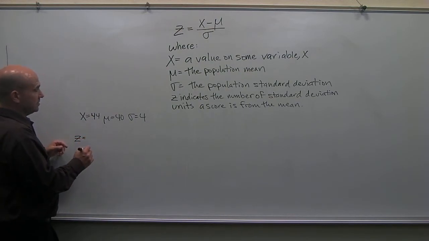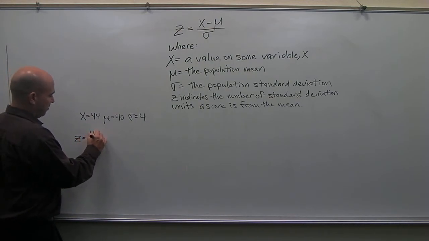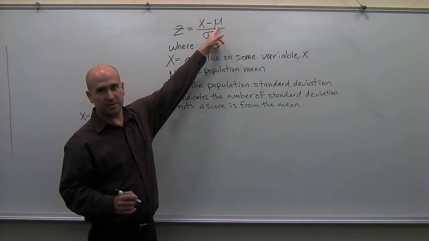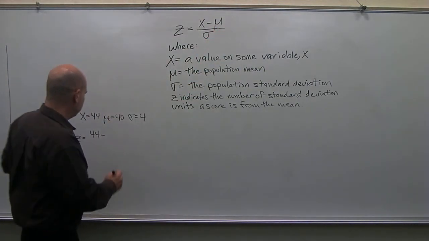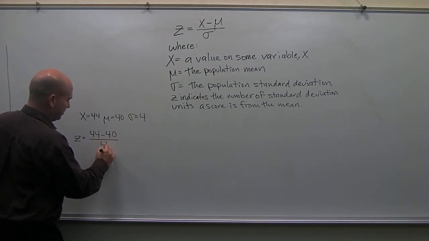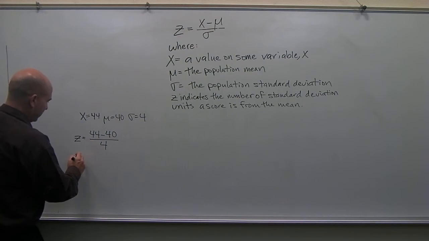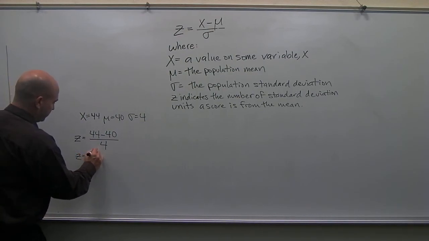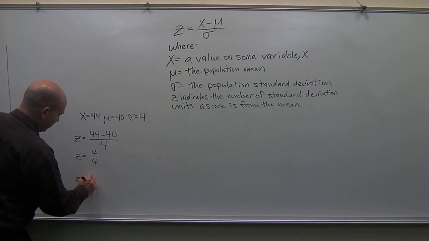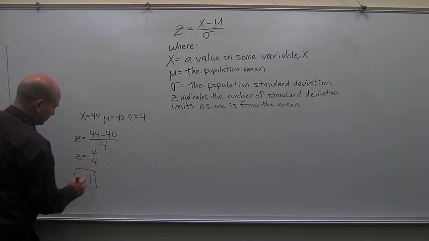What is our x? We have an x of 44, a mu of 40, using this formula up here, and a sigma, or population standard deviation, of 4. So that's z equals 4 over 4, or z equals 1.